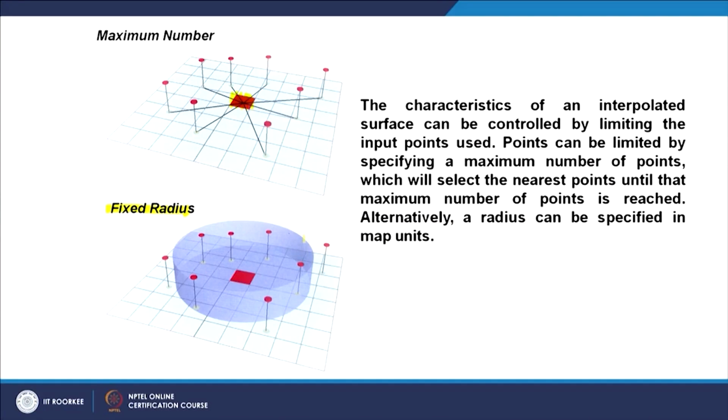Now, the characteristic of the search radius is that an interpolated surface can be controlled by limiting the input points used. Points can be limited by specifying the maximum number of points, which will select the nearest points until that maximum number is reached. Alternatively, a radius can be specified in map units also, as you can see in the bottom figure.